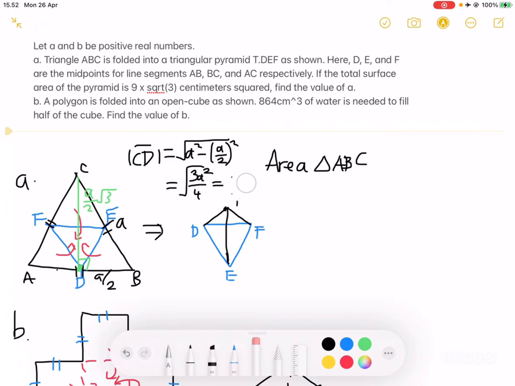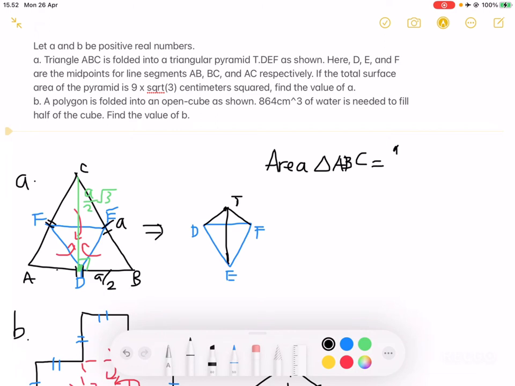And therefore, the area of triangle ABC, given our altitude CD and base AB, will be a half times AB, which will be a, times (a/2)√3, which will be (a²/4)√3.